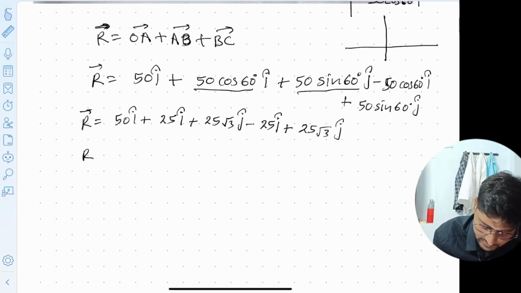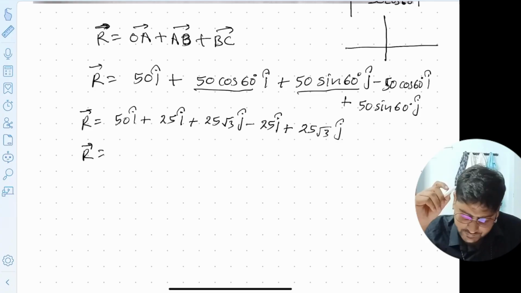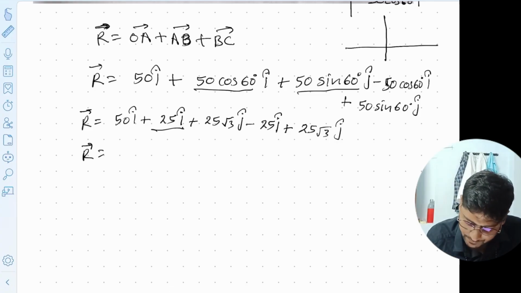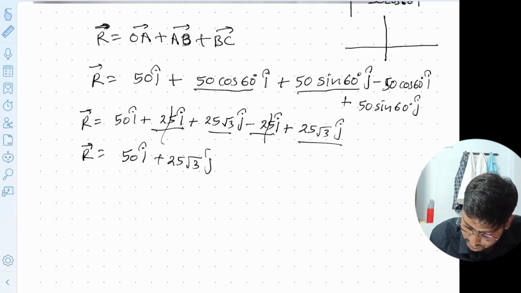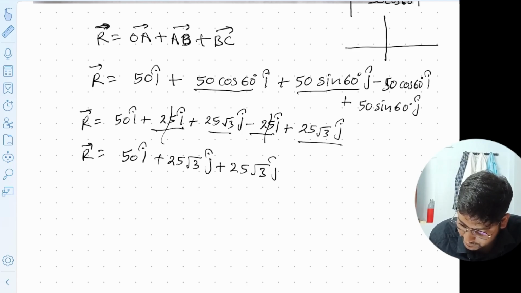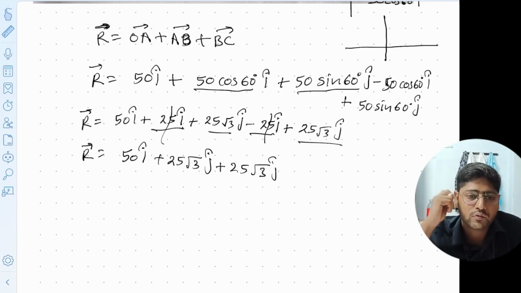Now what will be our resultant? 25 I cap positive and 25 I cap negative become 0, so they cancel out. And this is J cap, this is J cap. So it becomes 50 I cap plus 25 root 3 J cap plus 25 root 3 J cap, which is 2 times 25 root 3.